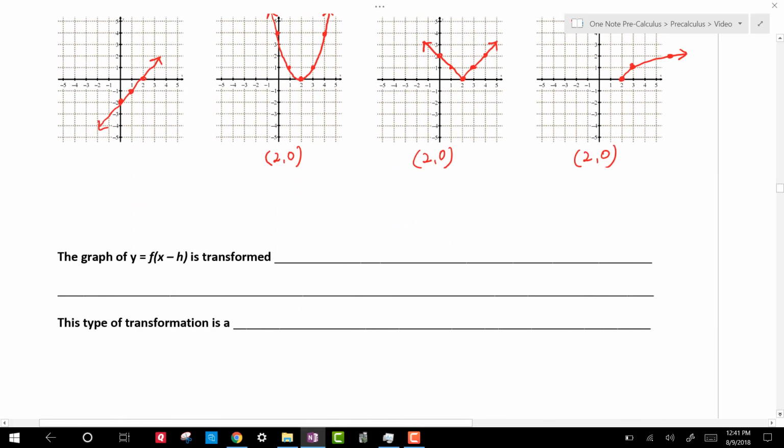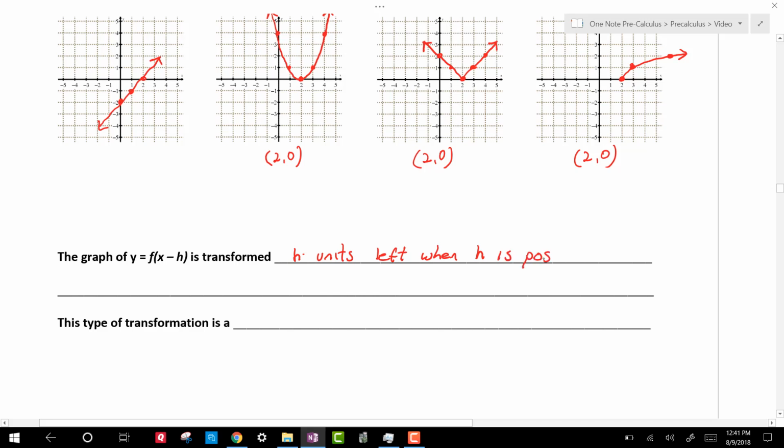So anytime I see the graph of y equals f of x minus h, this x minus h tells me that we are transformed h units left when h is positive.